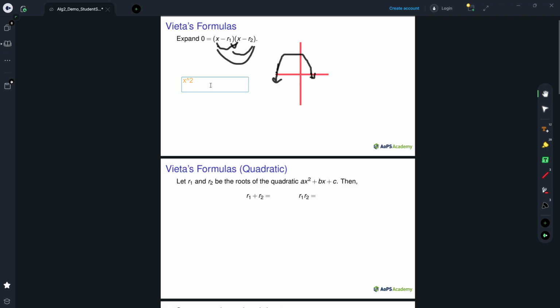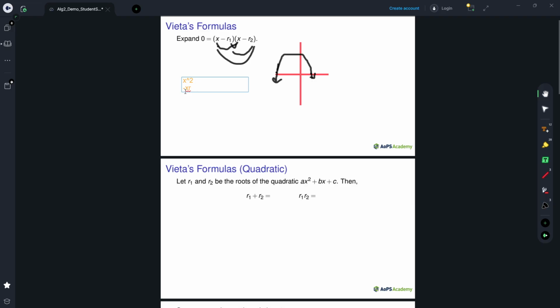So Jack, what's going to be the outside? Pay attention to the negative sign. This one is positive, but this one is negative because it's minus r2. So x times minus r2 is going to be negative x r2.